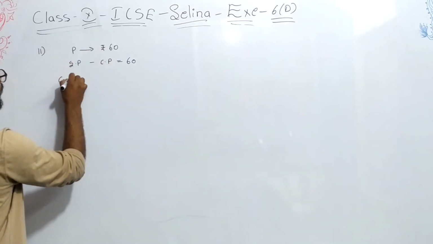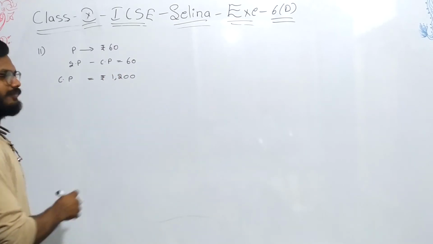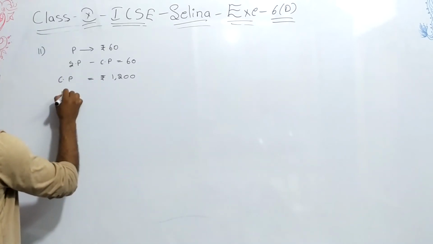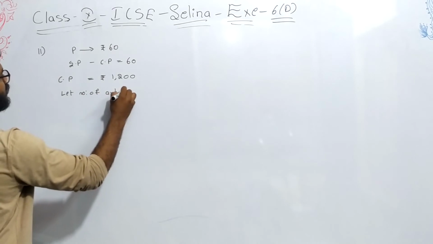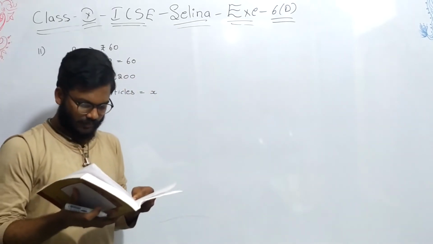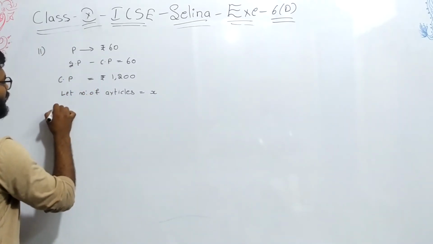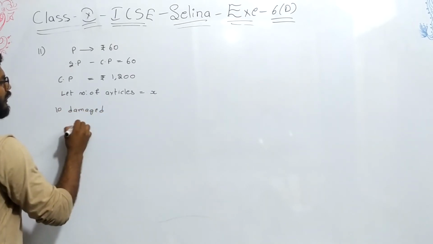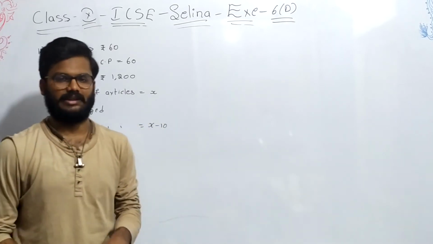So the cost price is rupees 1200, and we don't know the number of articles. So let the number of articles be x, and next, 10 were damaged. If 10 were damaged, then the number of articles is x minus 10.